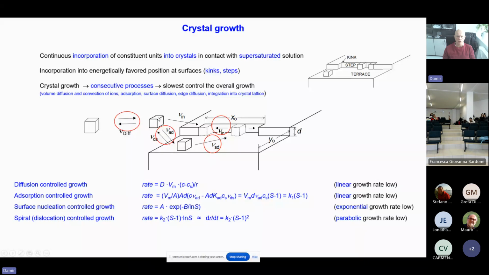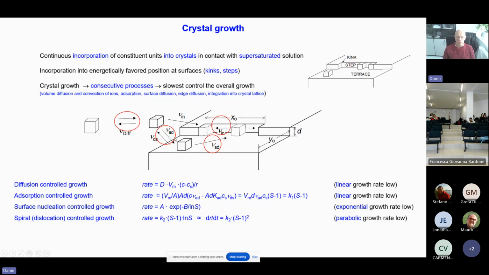When they enter the surface or get close to the surface in the adsorption layer, they jump to the surface. Constituting units can move on the surface. They can move also on the steps or the edges, and finally they integrate in an energetically favored position. They integrate into the crystal plates.